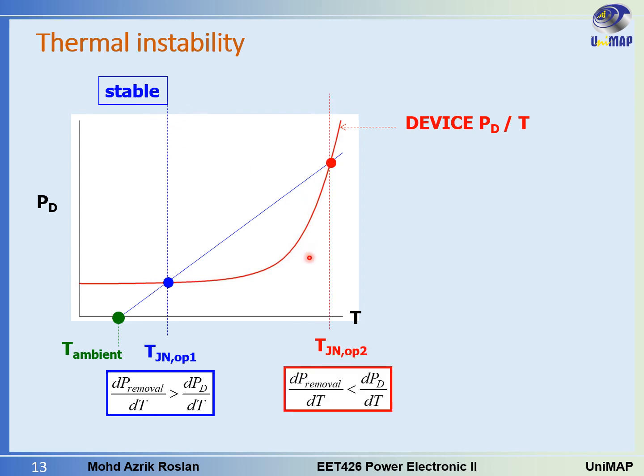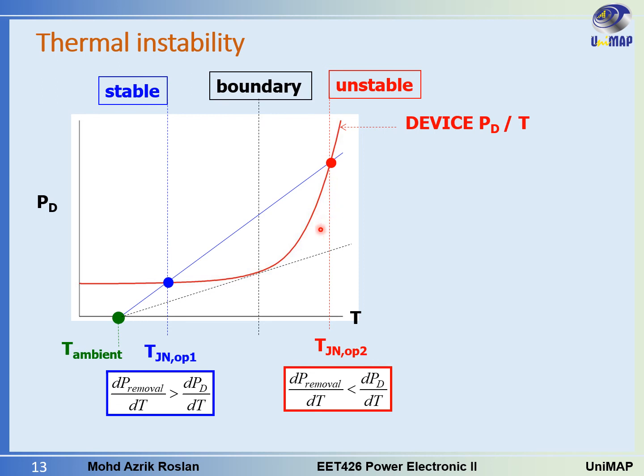And then we have a second case where the operating point or the dPd over dT of the device, this is the power dissipation of the device, and this is the temperature of the device. So we can see that at this point the dP removal slope is lower than the dPd over dT, so this is the unstable region.